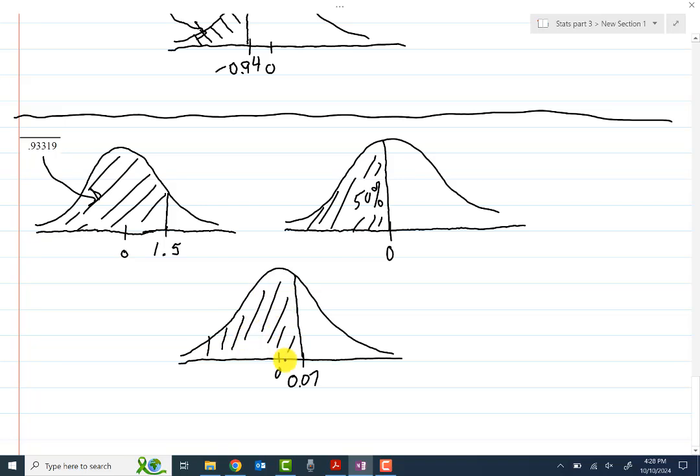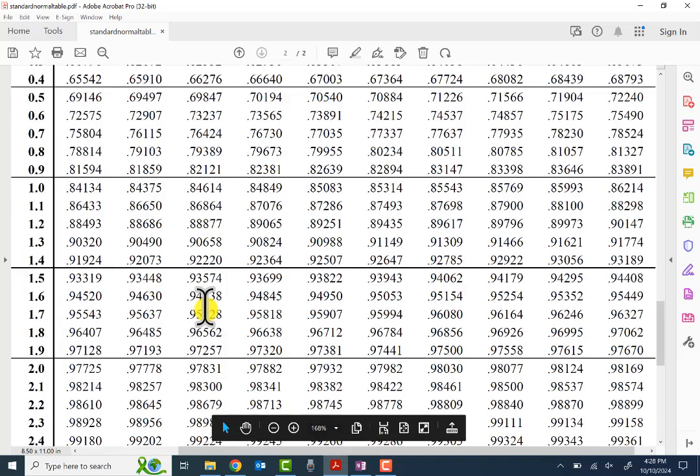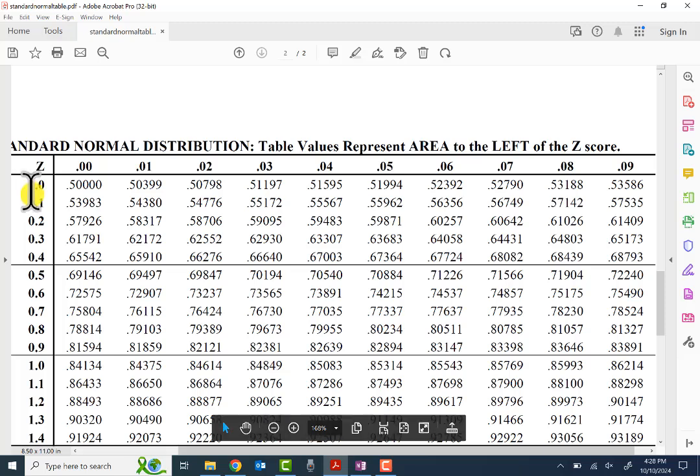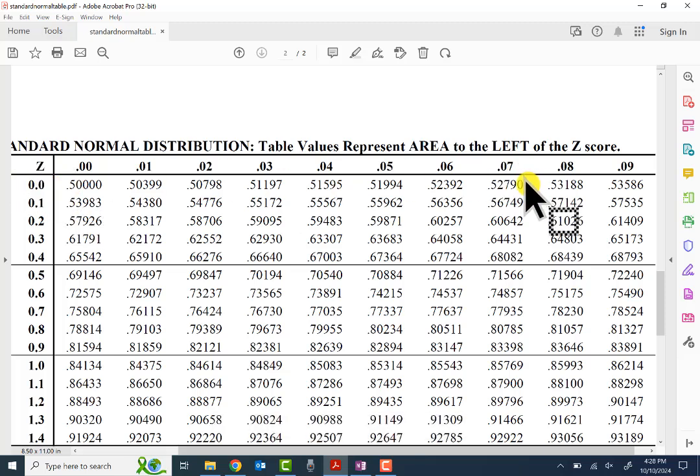Let's try 0.07. Come down to the table, scroll up. 0.07, I got to go way over here. So there's 0.0. Oh, we can see the 7 up here. There's our guy, 0.07.